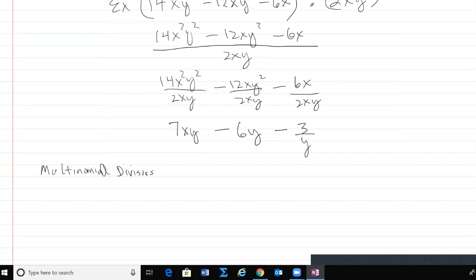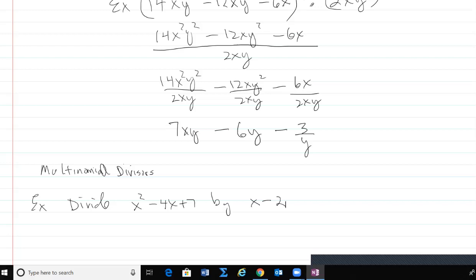So we'll take an example here. Let's go with this. Let's divide x squared minus 4x plus 7 by x plus 1. Well, let's make it a minus in this case. x minus, let's make it a 2.